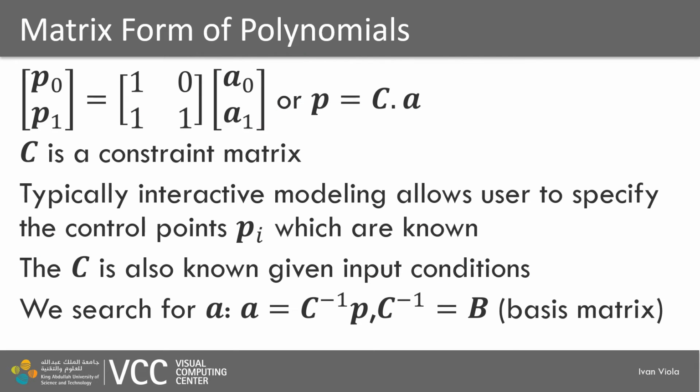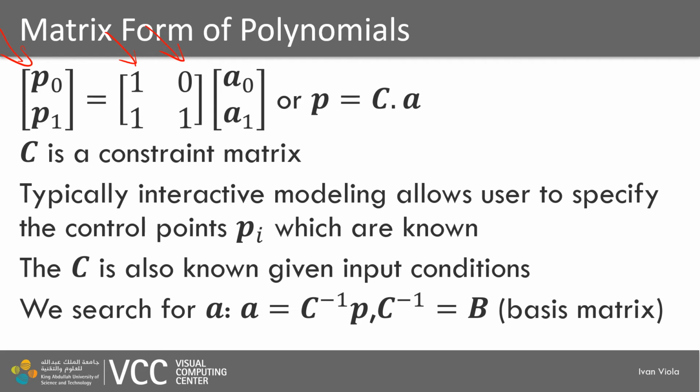We can now formulate our representation of our curve, and this holds for the line segment, but also for higher degree polynomials, through known input points, which are here the control points, as we said, and then based on these known points, the corresponding coefficients which are associated with our A vector.